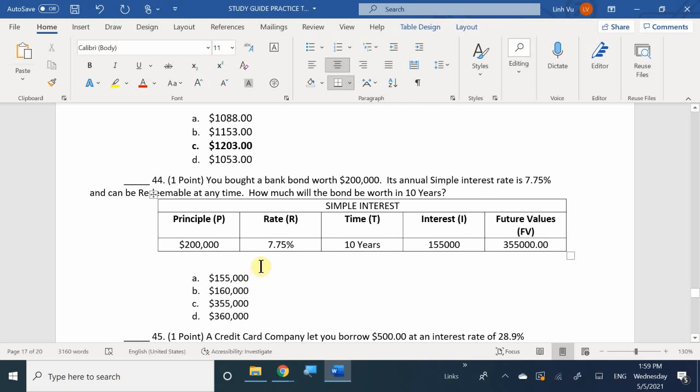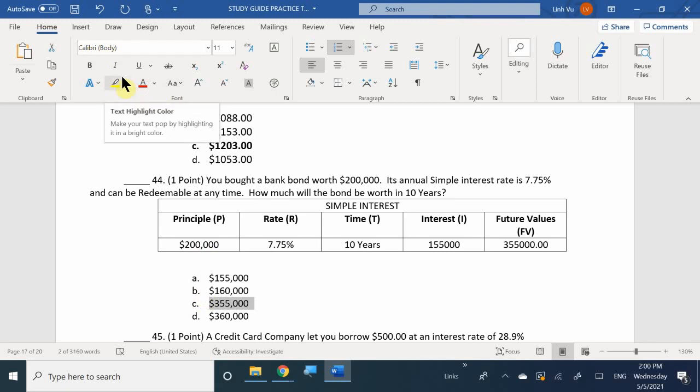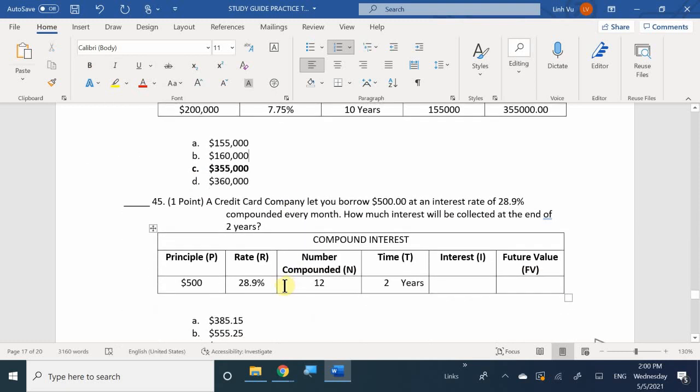So you need to make sure that you are paying attention and reading the question carefully and know exactly what the question is asking. It's asking how much the bond will be worth in 10 years. So it's asking for future value. So in this case, the future value is indeed 355,000. Right? Excellent. Okay. And then here we have a compound interest question.